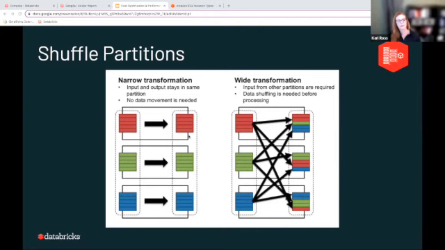So we're not going to see a lot of network traffic here. When you're doing a wide transformation, you're going to have to shuffle the data, and this is expensive. So if you're having some very slow, you might be doing some shuffle, and then you might have uneven data sets, and that's where you're going to see your executors either memory bound or CPU bound very differently.